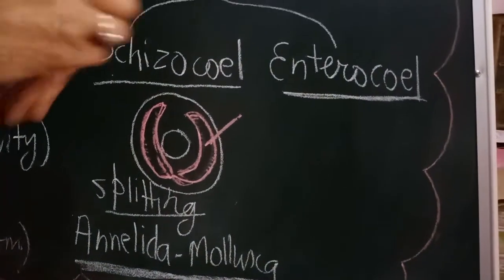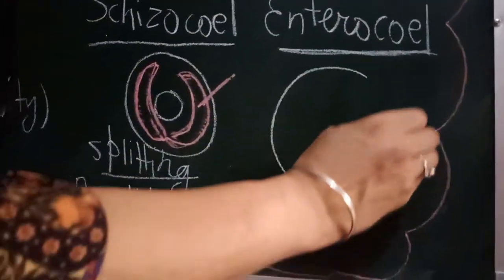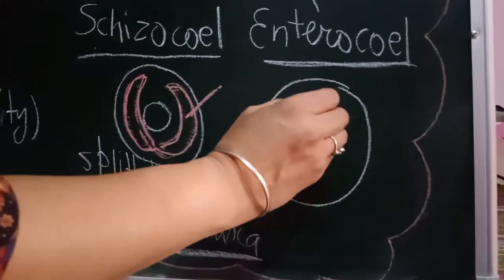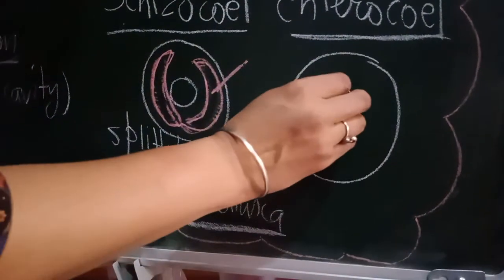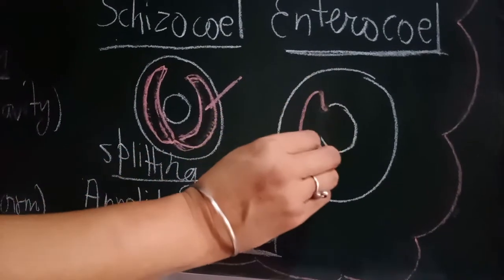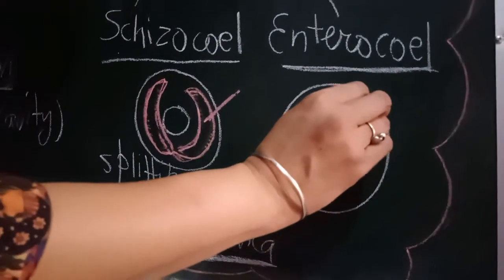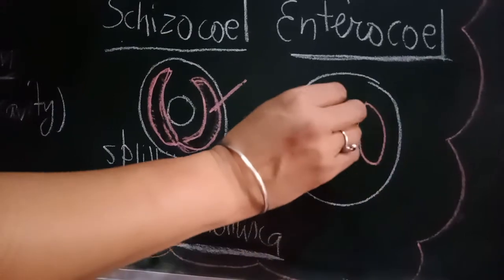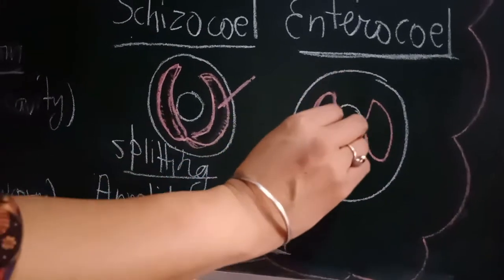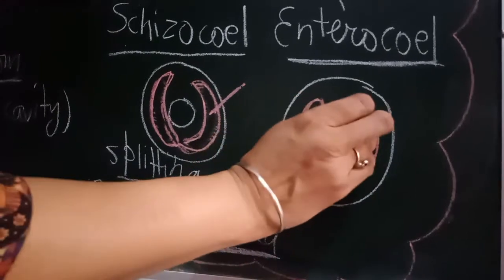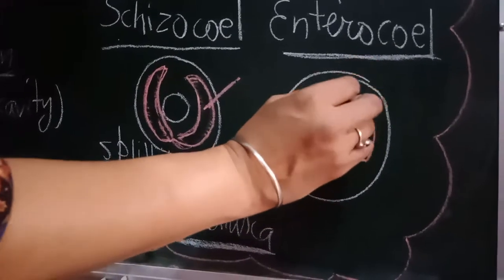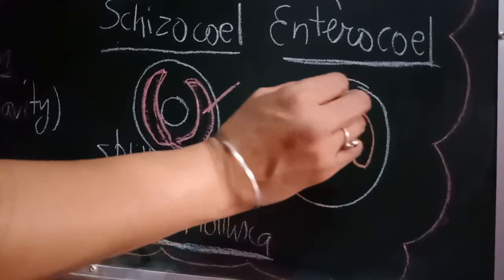Second is enterocele. In this, ectoderm is there and endoderm is there, and from endoderm arise two pouches of mesoderm. Their origin is actually from the endoderm. These two empty pouches arise from the interior, that is the endoderm.